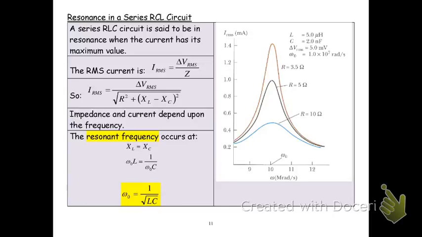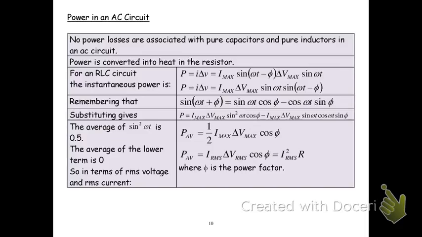Okay. So, I can look at this and say power in an AC circuit: no power losses are associated with pure capacitors or pure inductors, all the power loss is because of the resistor.